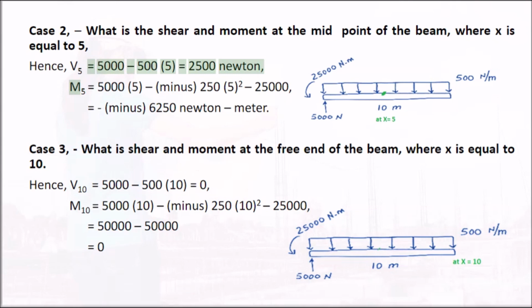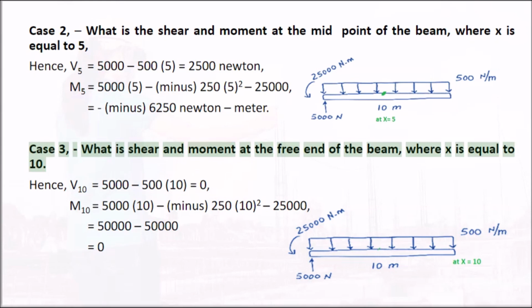M(5) equals 5000 times 5 minus 250 times 5² minus 25,000, equals minus 6250 Newton meter.